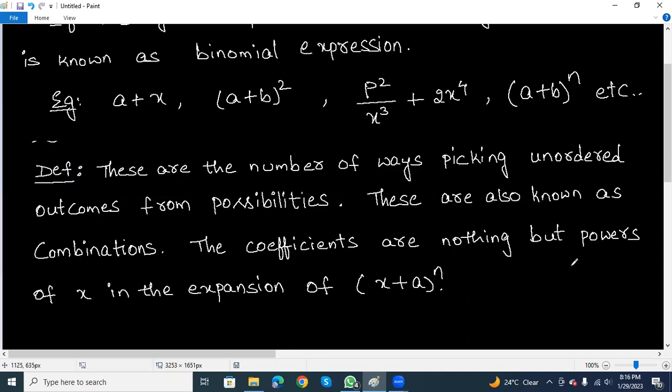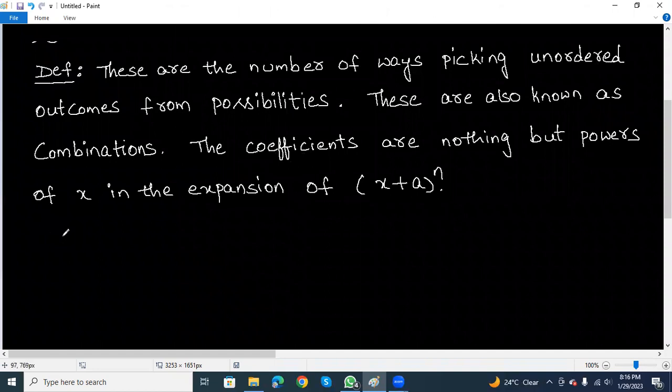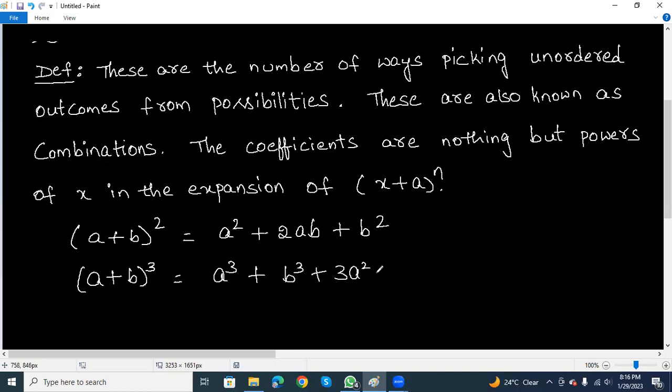The coefficients are nothing but the coefficients of the powers of x in the expansion of x plus a whole power n. What is this? Let's see. For example, we know the formula of a plus b whole square: a square plus 2ab plus b square. We know the formula for a plus b whole cube: a cube plus b cube plus 3a square b plus 3ab square.